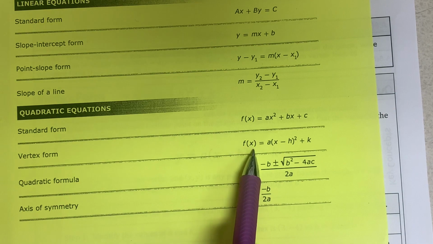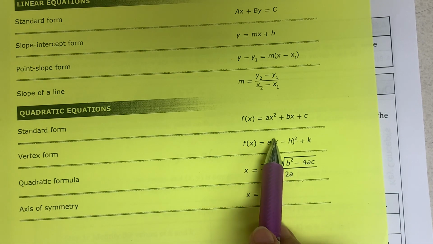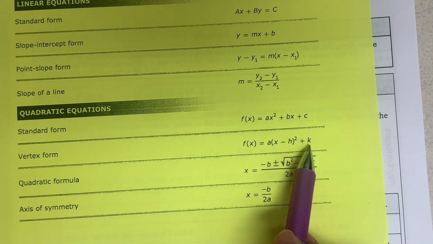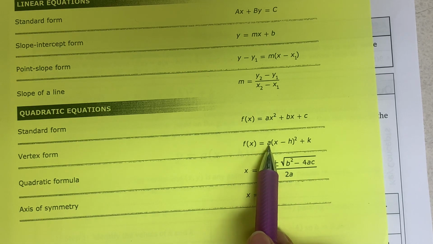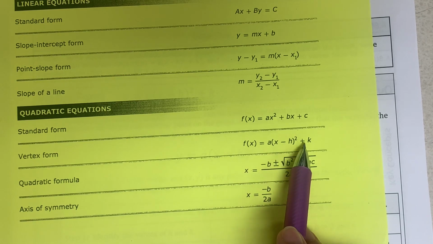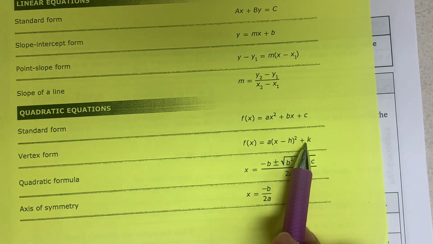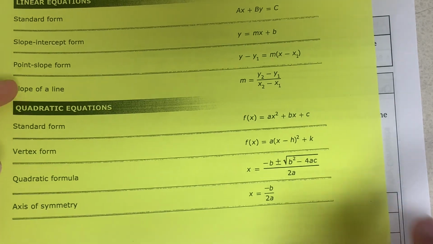Vertex form is y equals a times (x minus h) whole squared plus k. Again, one more time, it is y equals a times (x minus h) whole squared plus k. This is my vertex form. You do not have to memorize this equation. It is given to you. You just have to know how to use it.